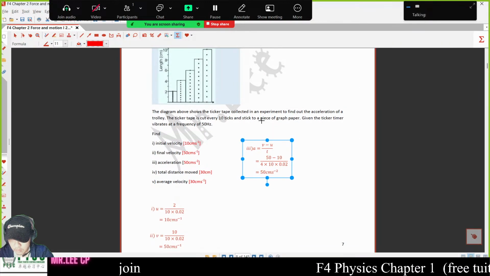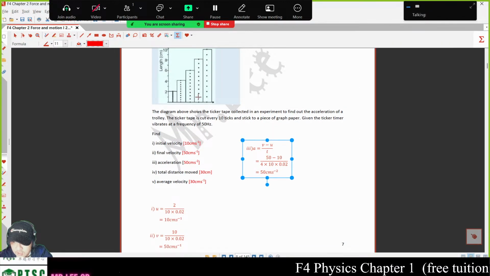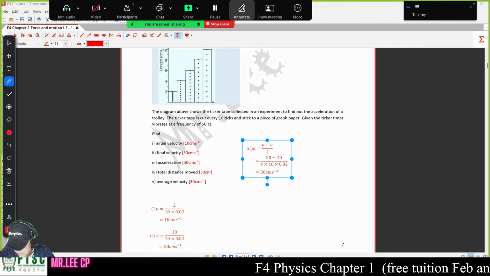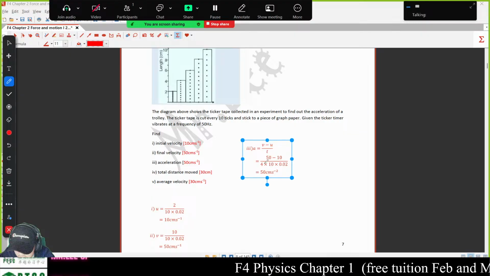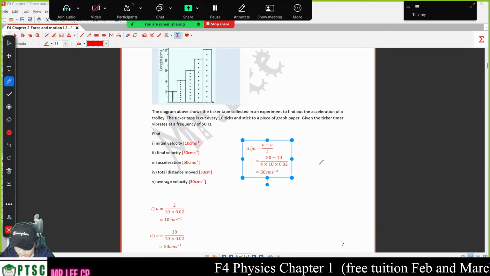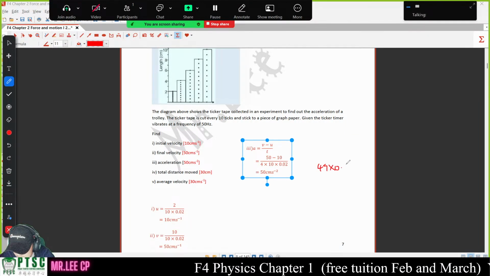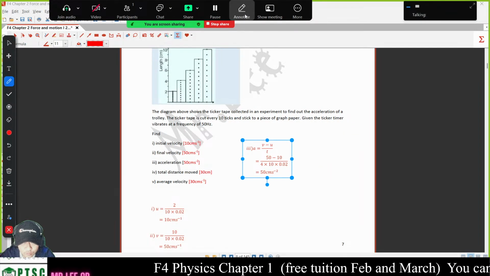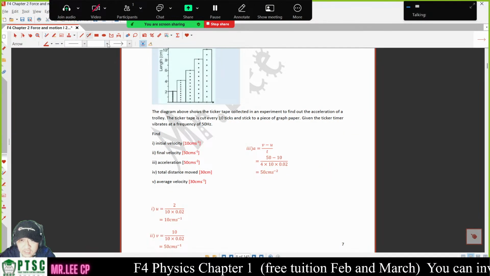So now, of course, you ask me, teacher, this one is 10 ticks, 20, 30, 40, 50. Isn't it? This one is 49 times 0.02? No. You have to minus one group. Here, you have to minus one group.